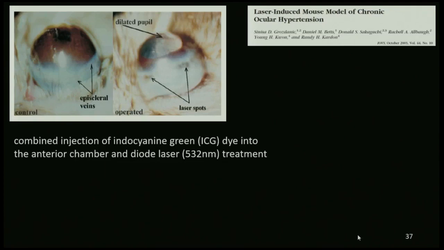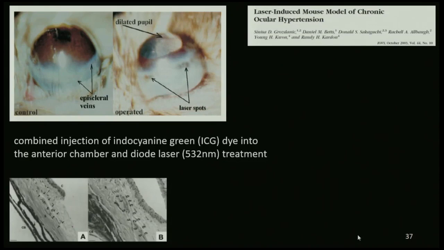So indocyanine green is a dye that we typically use for retinal application, but in this case, they put it in the anterior chamber. Just based on aqueous humor dynamics, it found its way into the episcleral veins, and so the veins would then have this dye within them when they applied their diode laser, so there was a higher chance of energy being taken up by the dye and thus the episcleral veins.